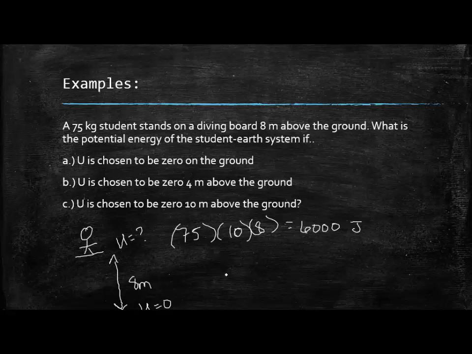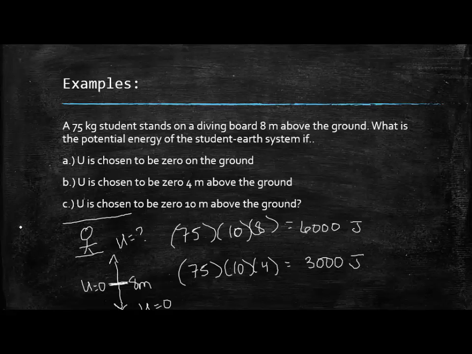On the next one, U is chosen to be 0, 4 meters above the ground. So our 0 point is right here, which means that instead of being 8 meters above the ground, she's only 4 meters above our reference point. So that would be 75 times 10 times 4, which is 3,000 joules. And what if the potential is chosen to be 0, 10 meters above the ground?